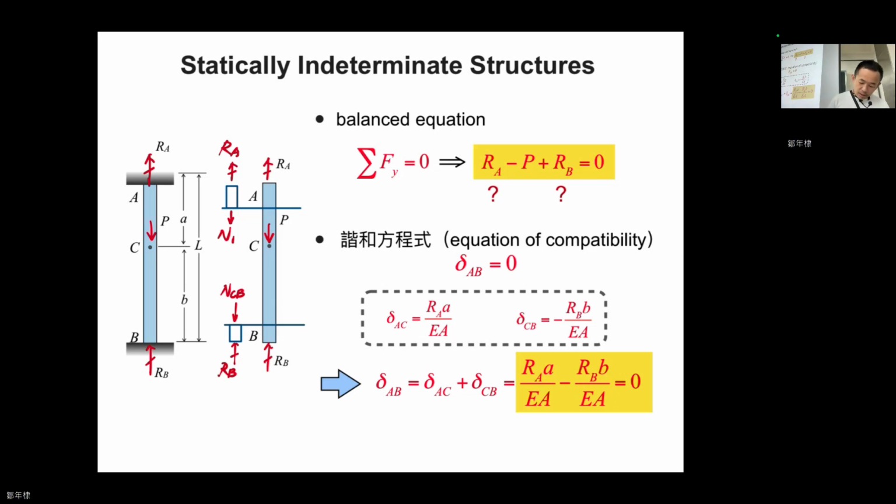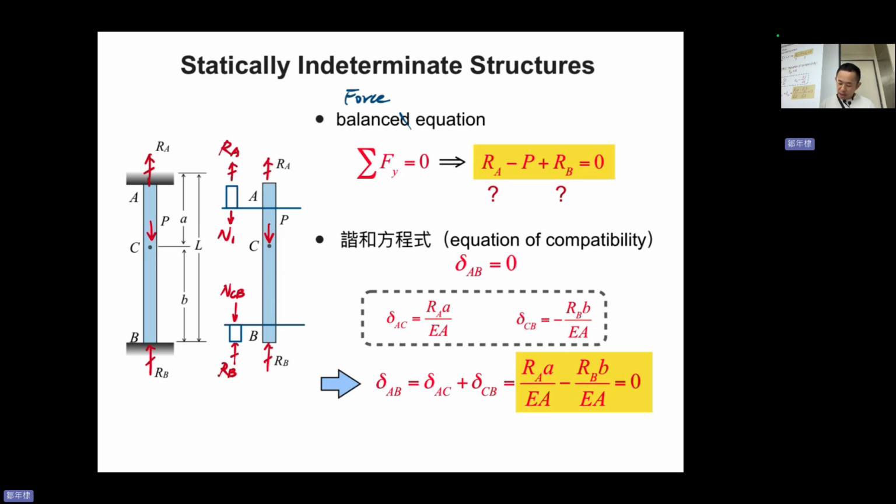Force balance. Grammar is bad. Sorry. So in the force balance equation, sigma Fy equals 0, Ra minus P plus Rb equals 0. They are two unknowns. Not okay, right? So we need to introduce equation of compatibility. What is compatibility?